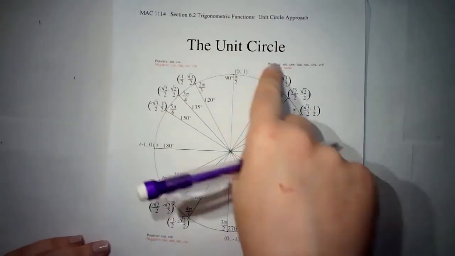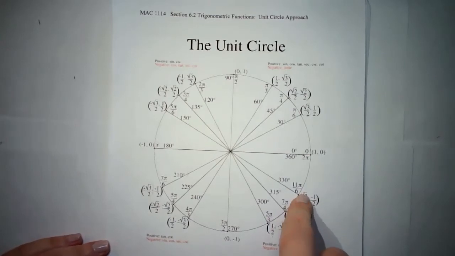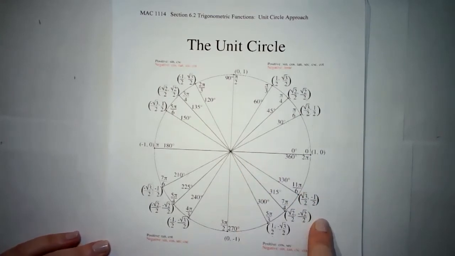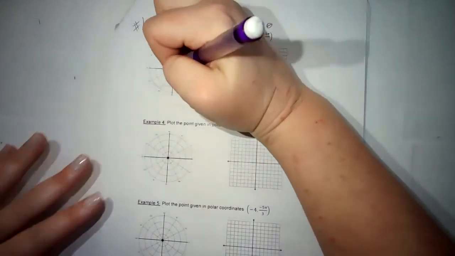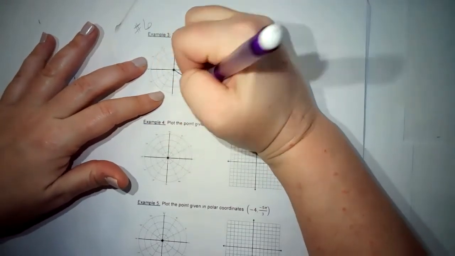Well, this way, with your unit circle, you can look over here and go, oh, there he's in quadrant 4, right? And he's like 330. He's like down here. So that's why I gave it to you, so that you can go, oh, sure, Miss Holcomb, here's 11 pi over 6 right here. So that you know where some of these radians are.